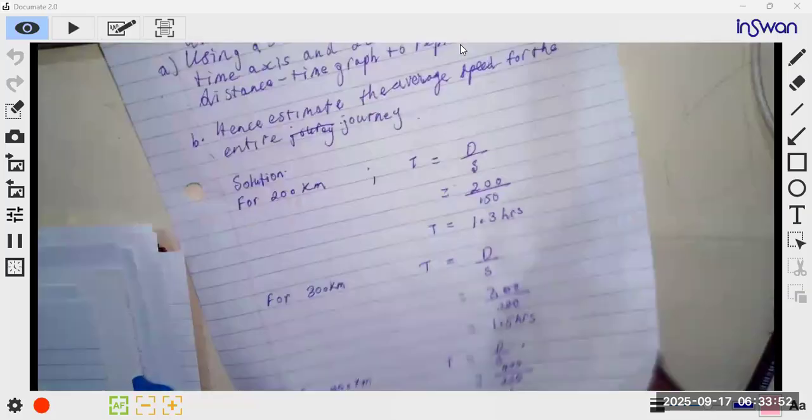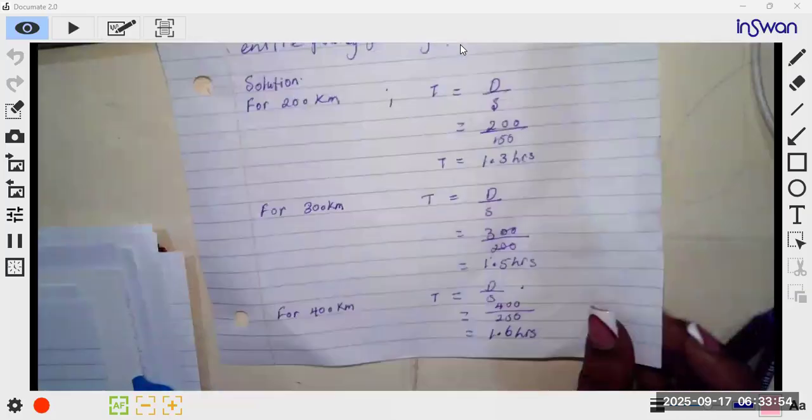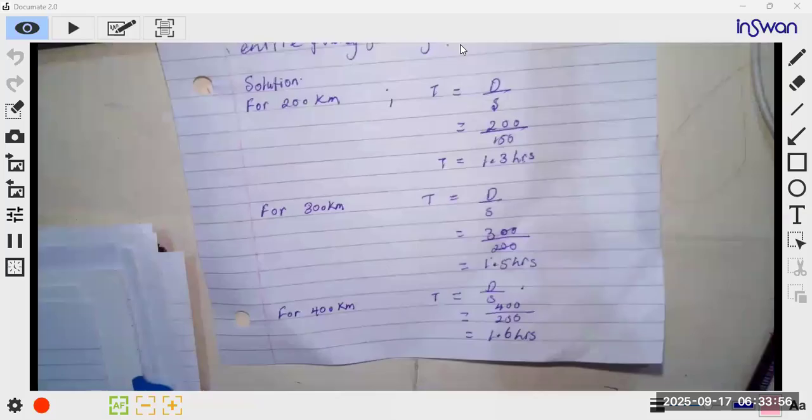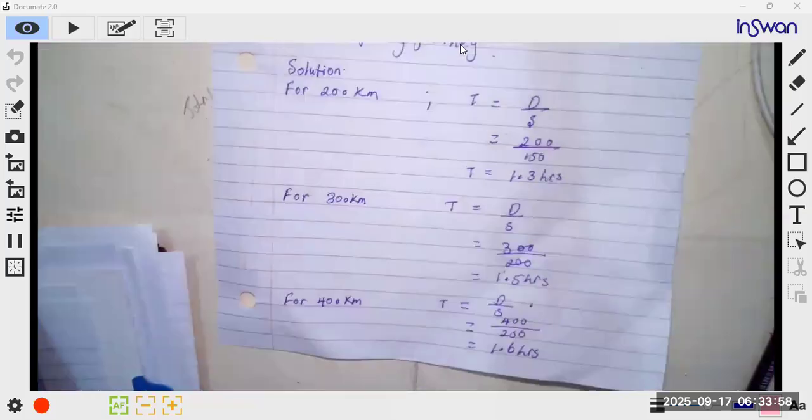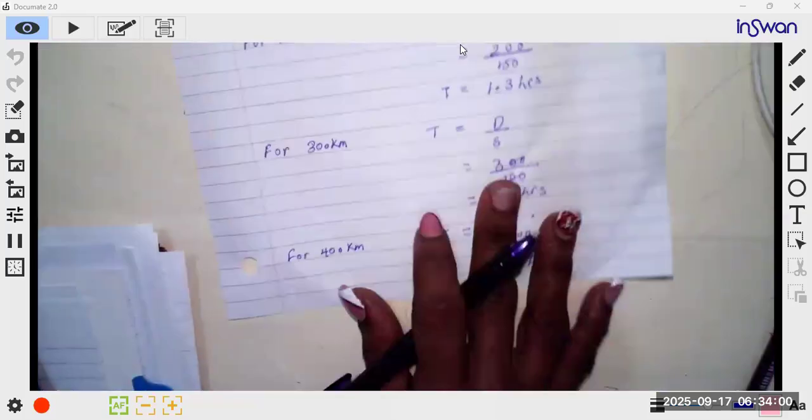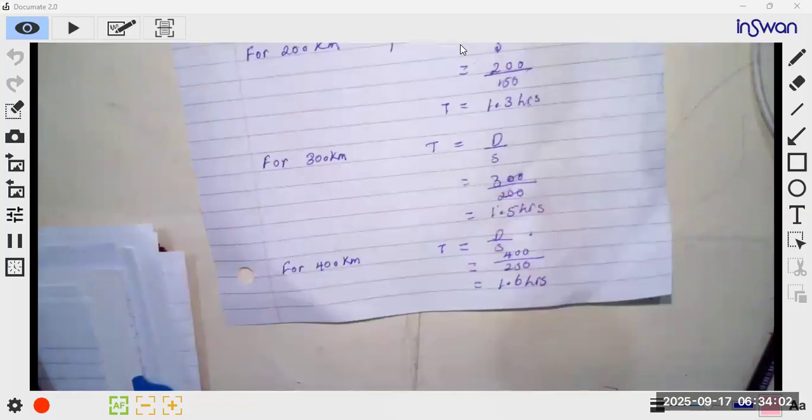And then afterwards, 2.8 plus the 1.6 will be what? 2.8 plus 1.6. The answer will be 4.4, right?